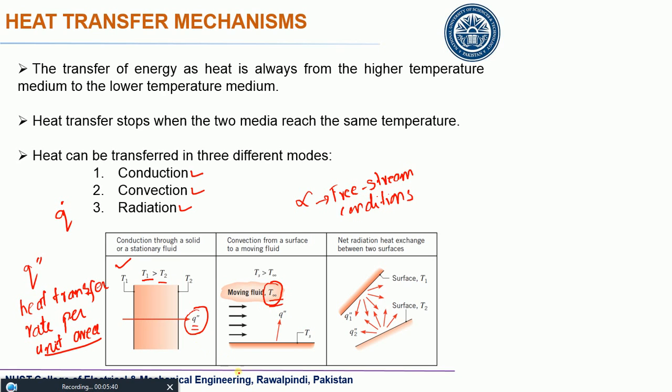So if this surface, this solid surface, or let's say this is the sea surface, liquid surface, whatever it is, is at a temperature Ts and the moving fluid has a temperature of T infinity, and Ts is greater than T infinity, then heat should start flowing from this medium to the free stream medium, isn't it?